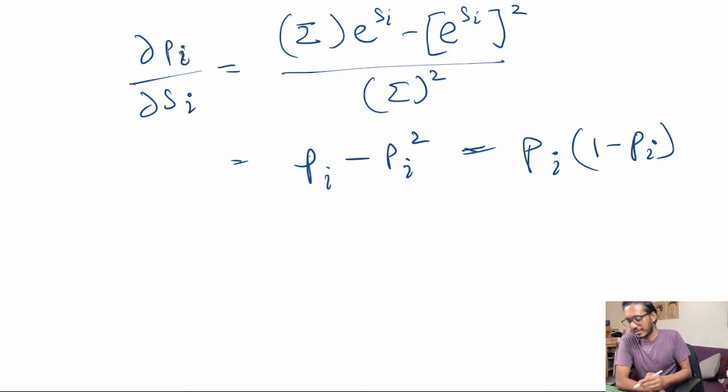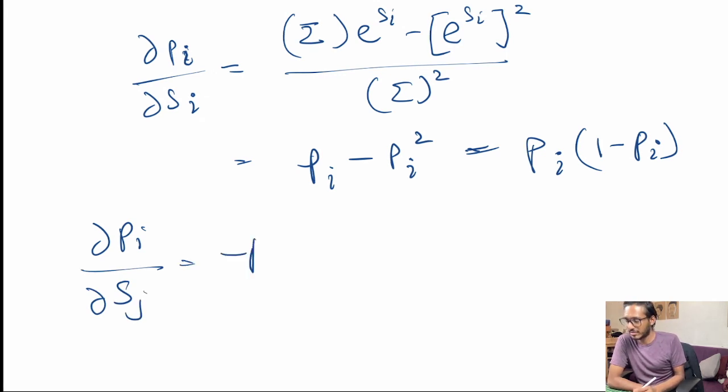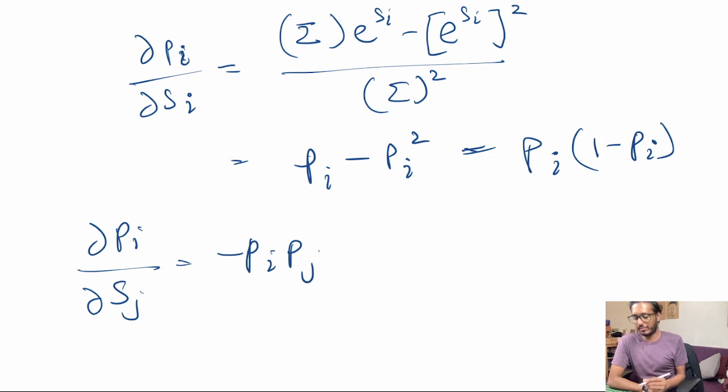Here we can consider another derivative, which is how the probability of i changes when the score of a different class changes. This is minus pi pj. Again, we can see what happens here. This derivative would be high only if both pi and pj are high values.